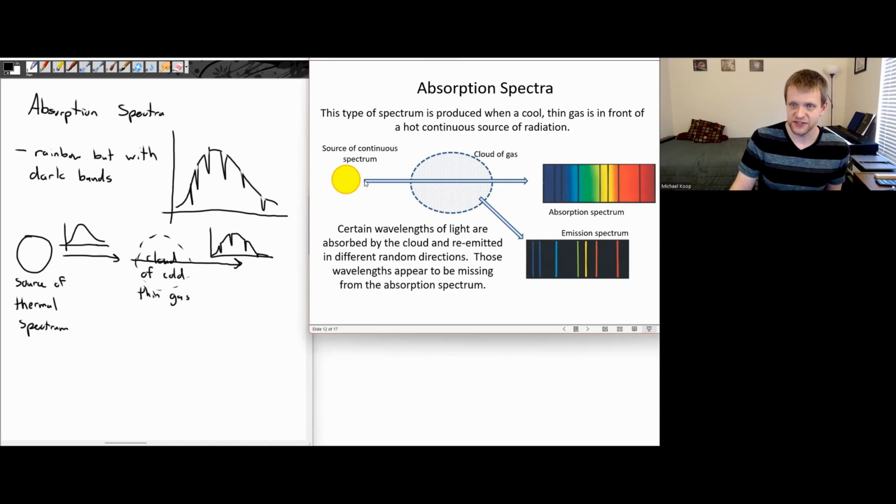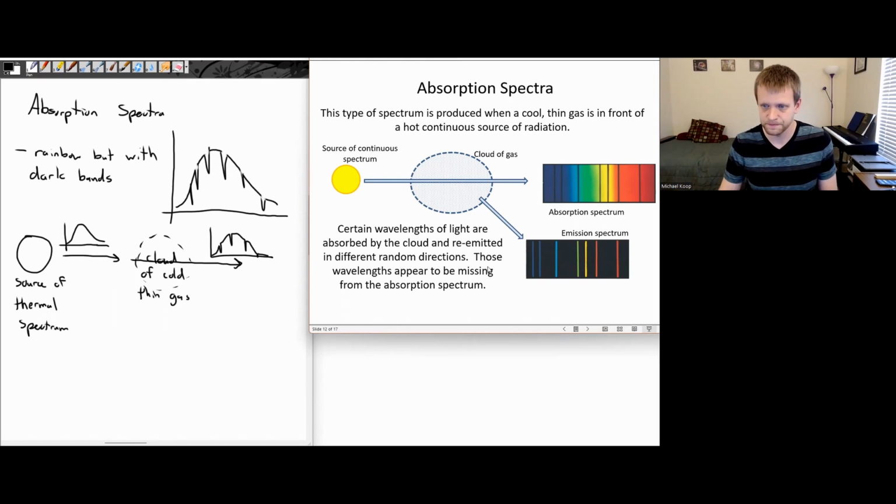So this cloud of gas is absorbing some of this original beam of light and then re-emitting it in a different direction. It seems to disappear from the original absorption spectrum and then show up if you're looking at this cloud of gas from the side. It's now an excited cloud of gas because it's been excited by the light irradiating it.